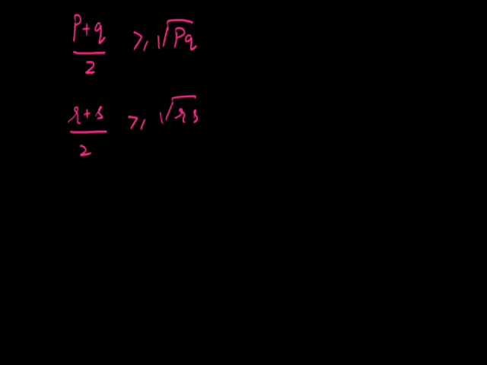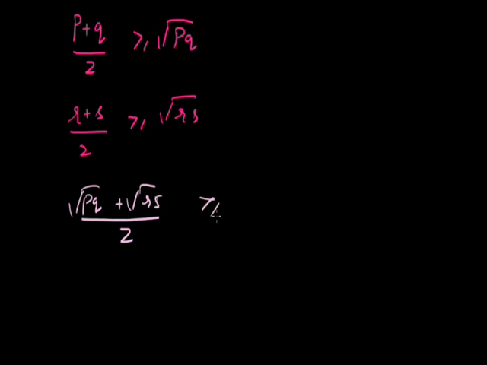Now if you need the proof for n numbers, let me generalize it more. You know that (p plus q) upon 2 is greater than or equal to root pq, right? Let's say (r plus s) upon 2 is greater than or equal to root rs. Now let me take the arithmetic mean of root pq and root rs, which is (root pq plus root rs) by 2.